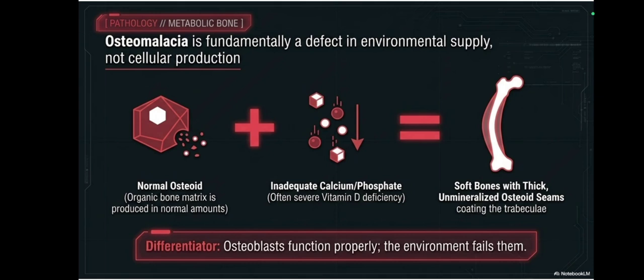That means the body produces normal bone matrix, which is the osteoid, but it doesn't calcify owing to vitamin D deficiency. As a result, unmineralized osteoid seams on bone trabeculae are formed and the bone becomes soft, leading to aching and deformities.